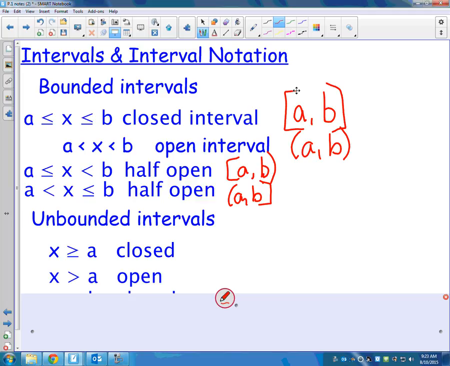If it's x is greater than or equal to a, that would be starting with a and going to infinity. Infinity always has a parenthesis around it because infinity is never included, right? Infinity keeps going on forever. So even though it's closed, infinity always has a parenthesis around it. It'll never have a bracket around it. So I'll put a right there, and then this one would just be bracket a to infinity with a parenthesis.